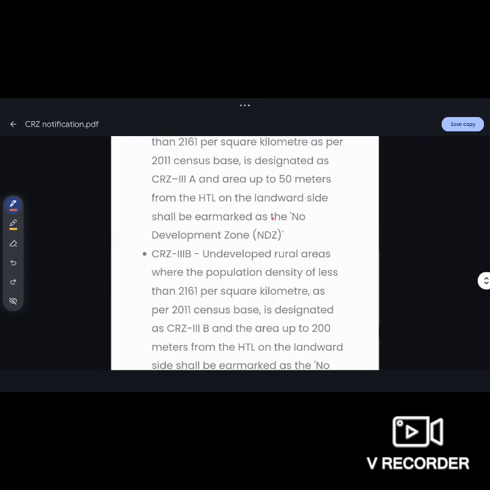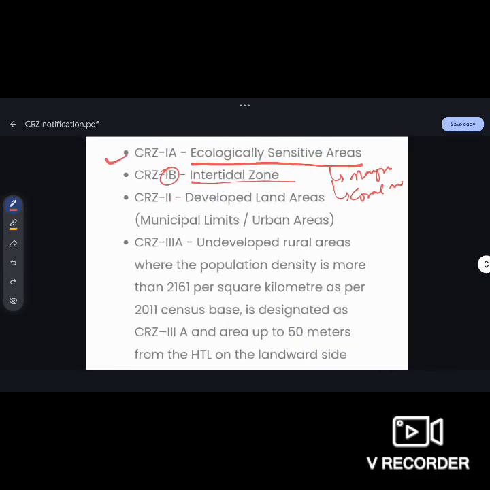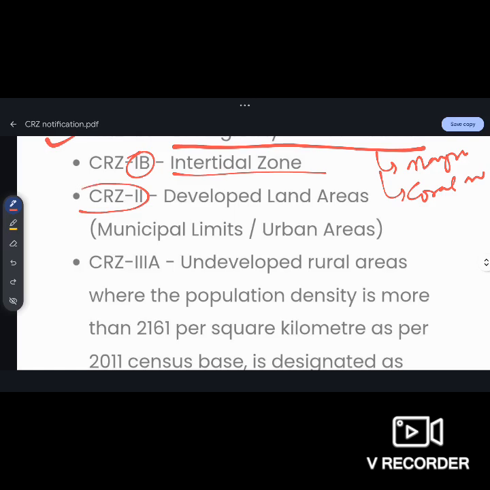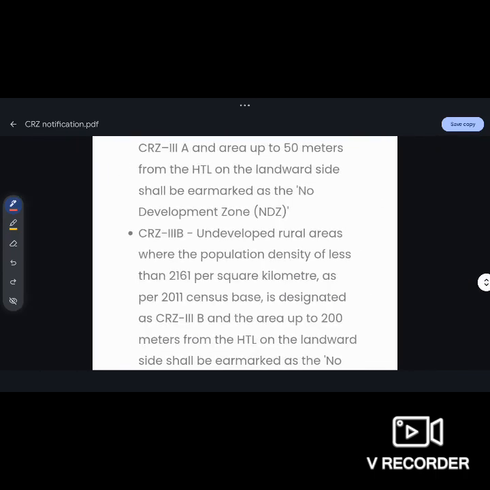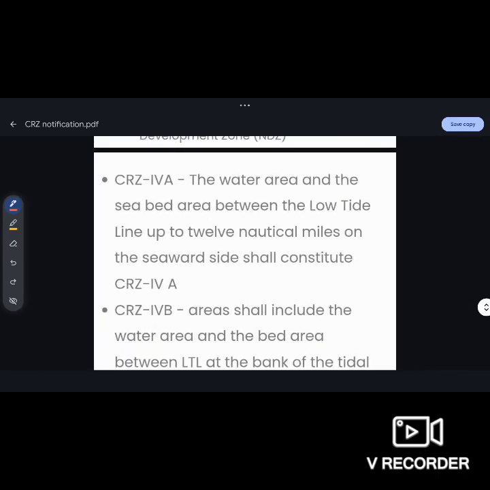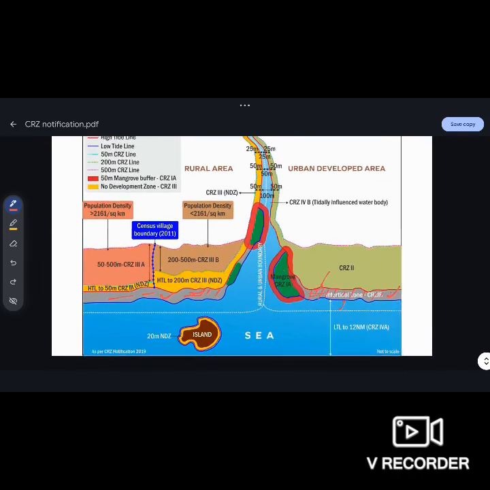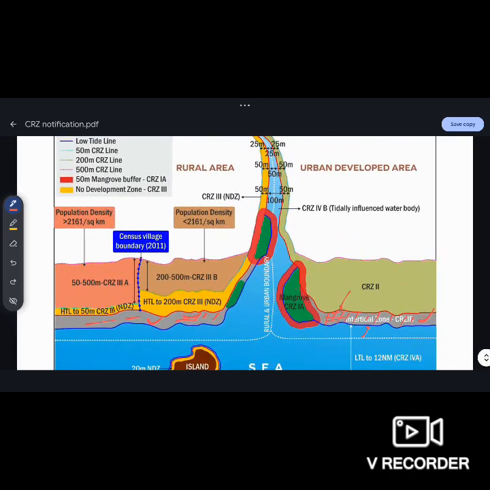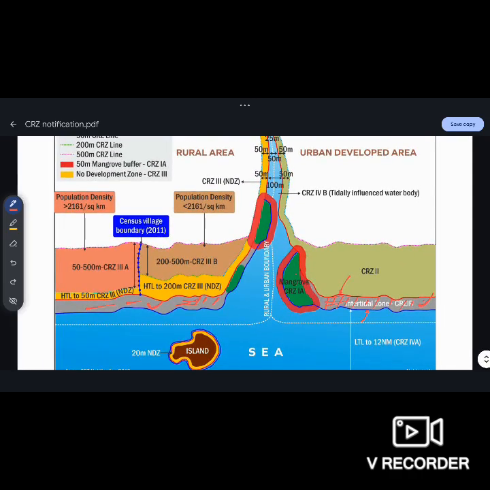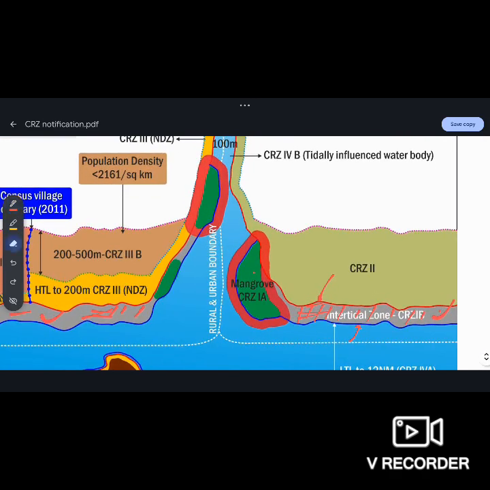Now we will discuss the second CRZ category. Under CRZ 2, development land areas, those areas which come under any municipality and urban center, we put under this category. Those areas which have already been inhabited by people. This olive color area is the CRZ 2 area.